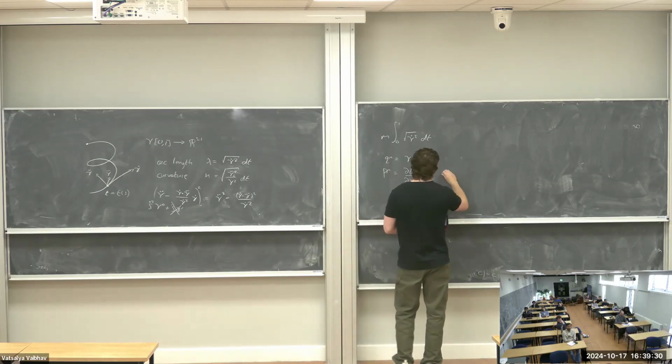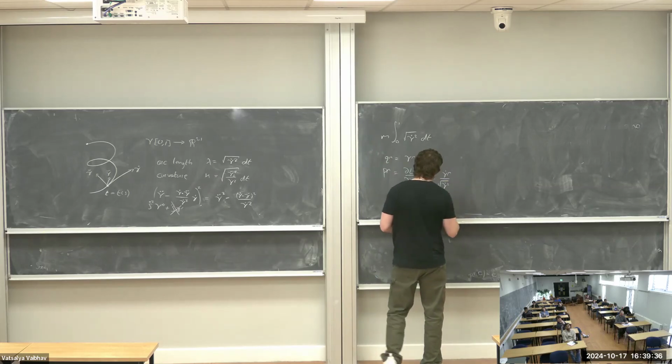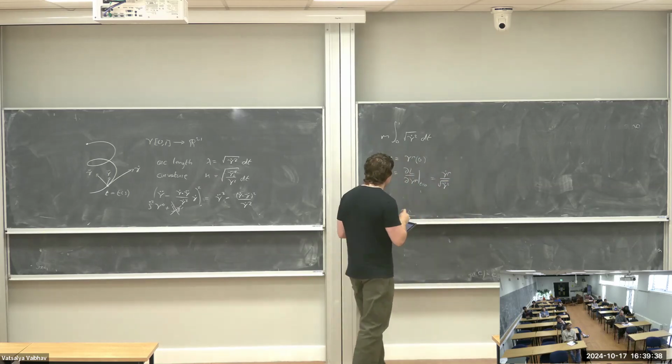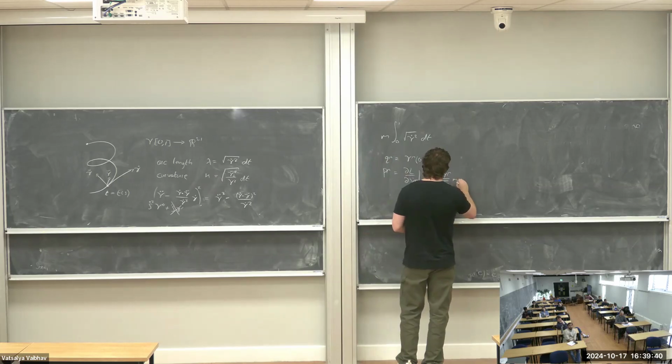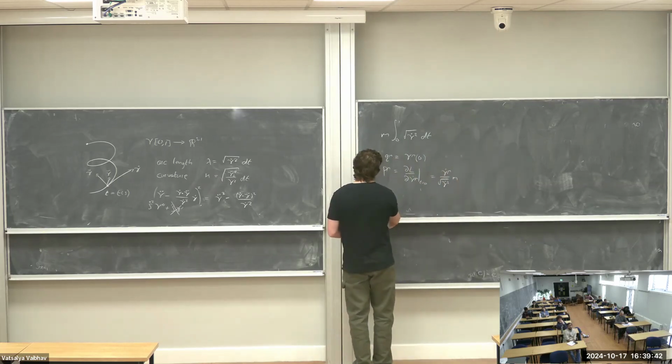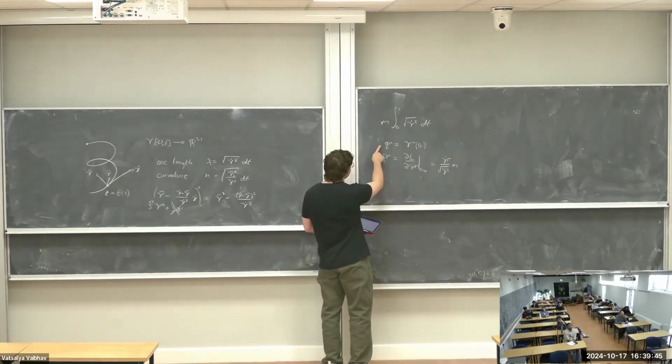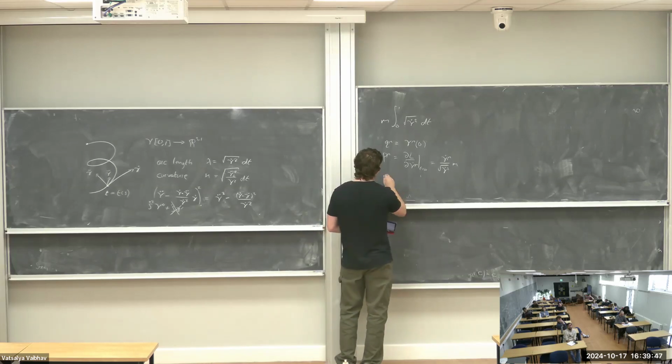And that is going to be m gamma dot mu over the square root of gamma dot squared. And so the full phase space, there are 4 qs and 4 ps, so it looks something like R8.